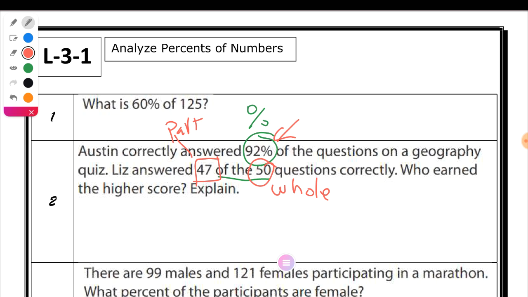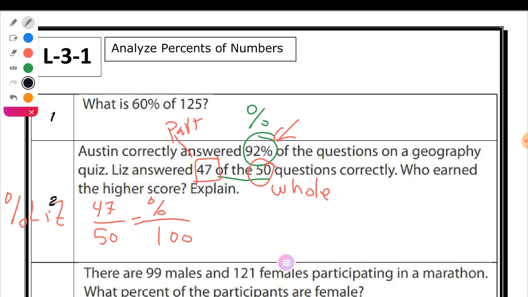So if I can find the percent of Liz, I can compare between them. Let's find the percent of Liz. Percent equals part over whole. Part here is 47, this is about Liz. The whole is 50. Equal percent, I don't know, so I need the percent over 100.